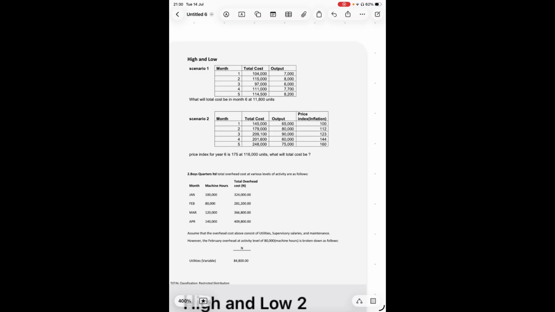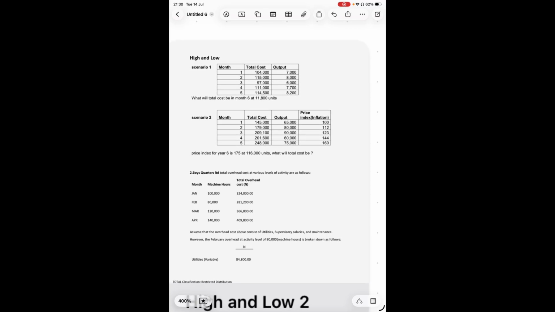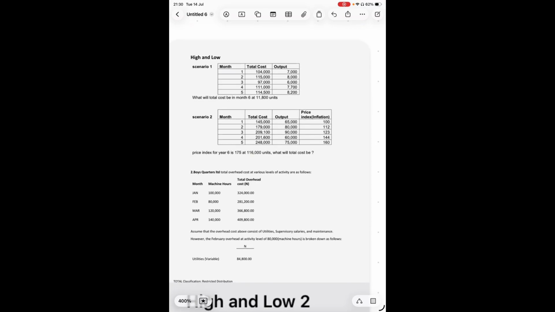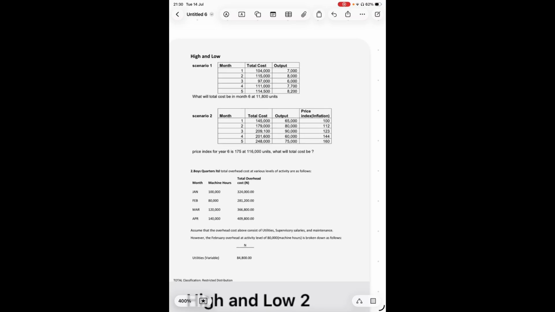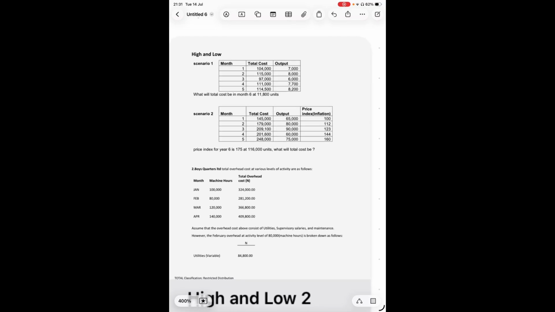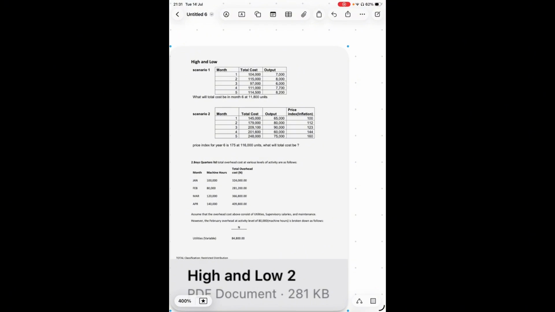The question says what will be the total cost in month 6 at 11,800 units. So basically we use the data given to estimate what cost will be in a particular period. In this case, they've given us information about months 1 to 5, and you're expected to use it to estimate what cost will be in month 6.